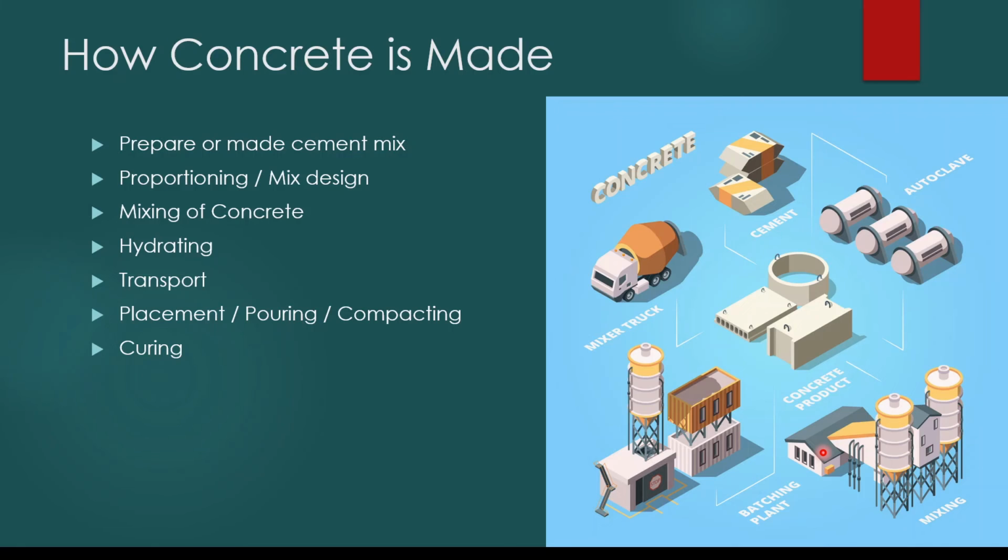Once you pour the concrete, we place it over whatever area we want to pour. Then we do the compaction. Compaction is a very important thing in concrete because if you don't adequately compact the concrete, air may be entrapped there, and it is also not properly settled. Then there will be issues in durability.